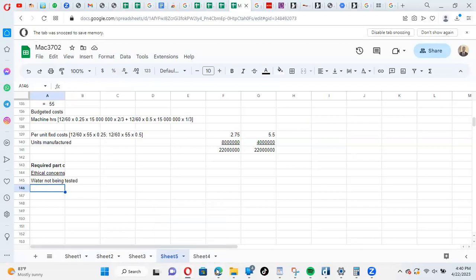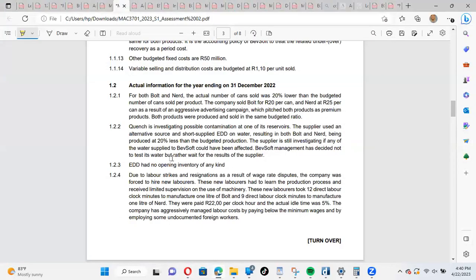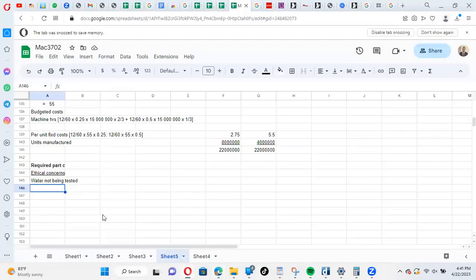All right. So maybe let's see on the issue of labor here, what went on. There were strikes and resignations. Then the new laborers took 12 and they were paid 22 per hour. The company has aggressively managed labor costs by paying below minimum wages. I think there are two issues here: paying below minimum wages and employing undocumented foreign workers. Those are the two issues, so that makes it 3.